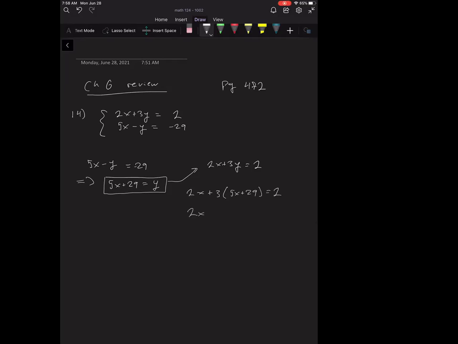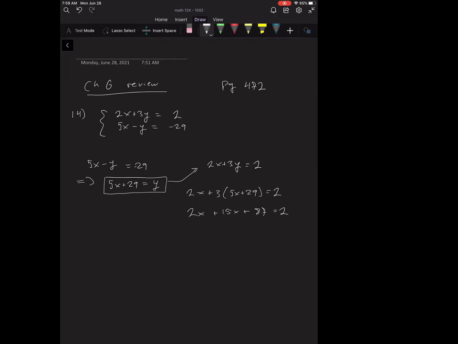Then we just solve this equation for x. So we have 2x, then distributing the 3, 15x plus, what's 29 times 3? 87 is equal to 2.